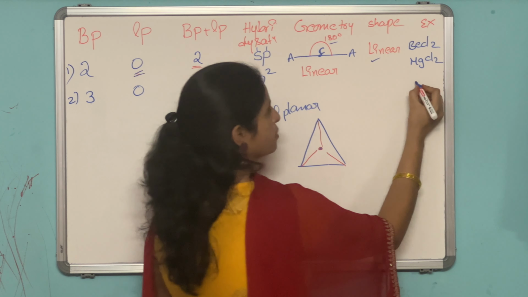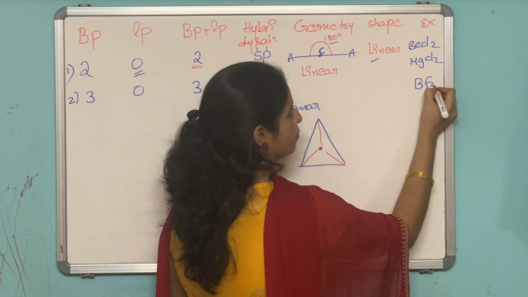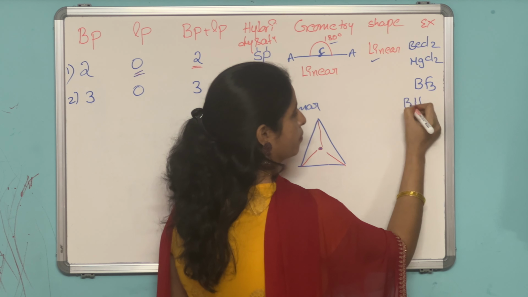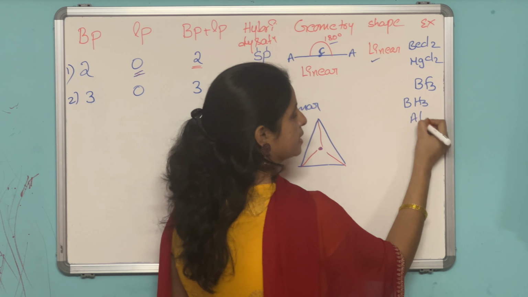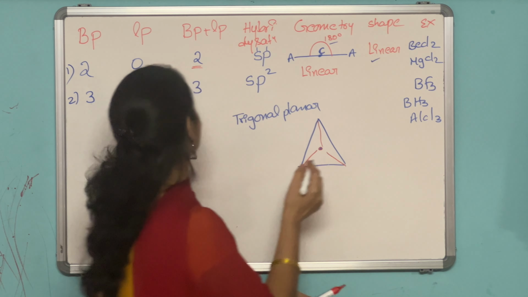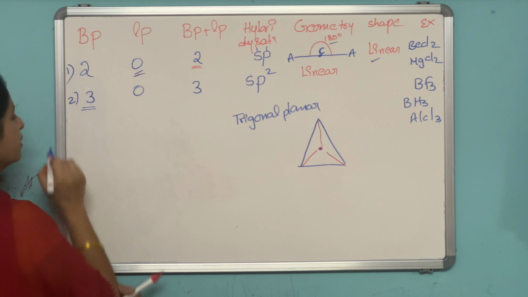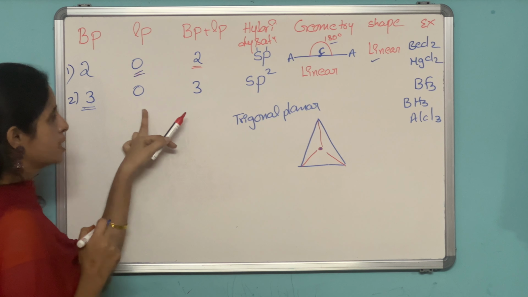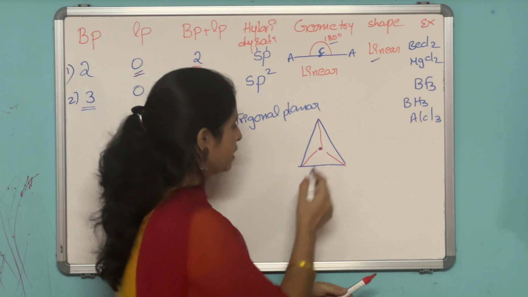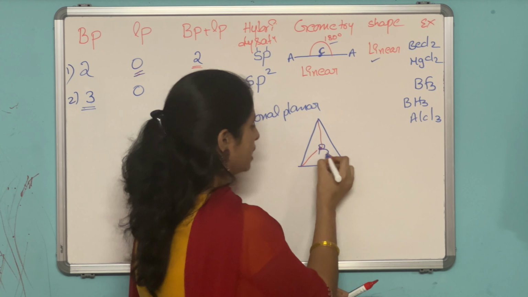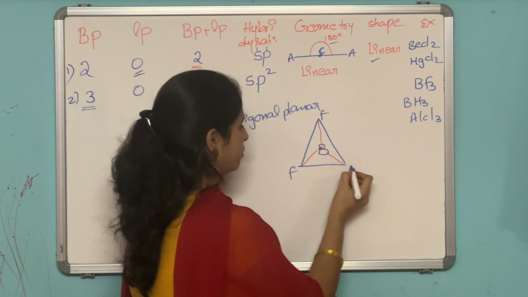You take examples for this one: BF3, BH3, AlCl3, all these are examples for this one, species with 3 bond pairs and 0 lone pairs. So here directly I am writing the central atom B, with F, F, F.